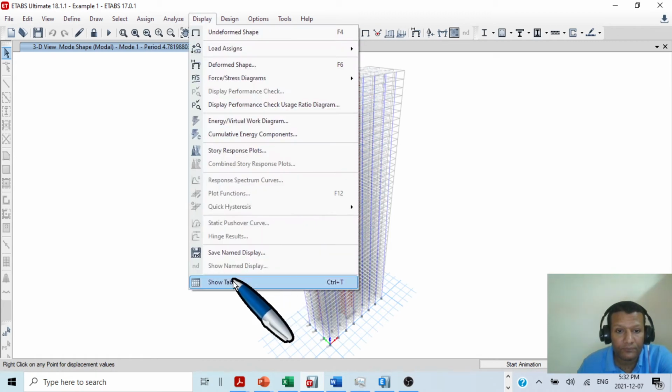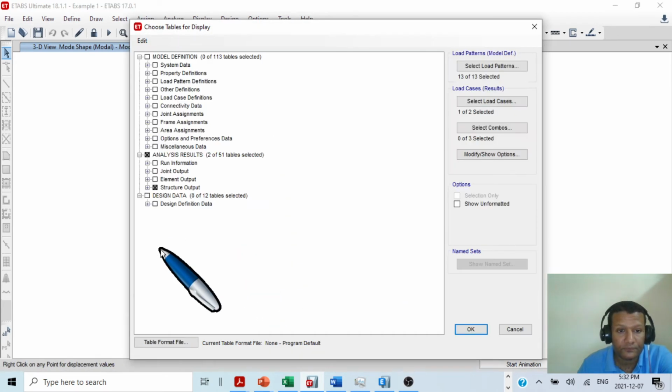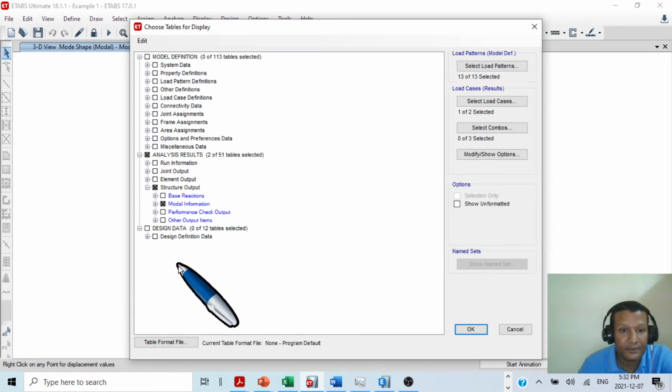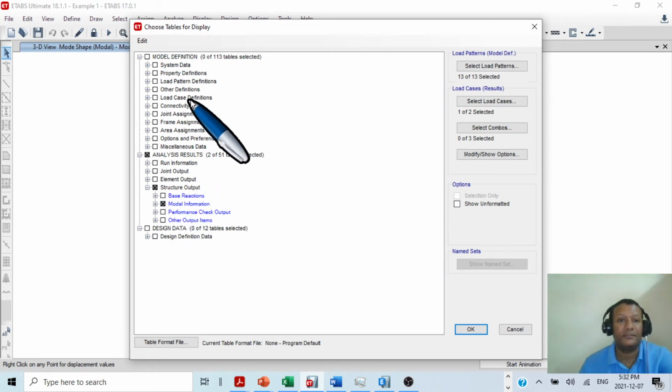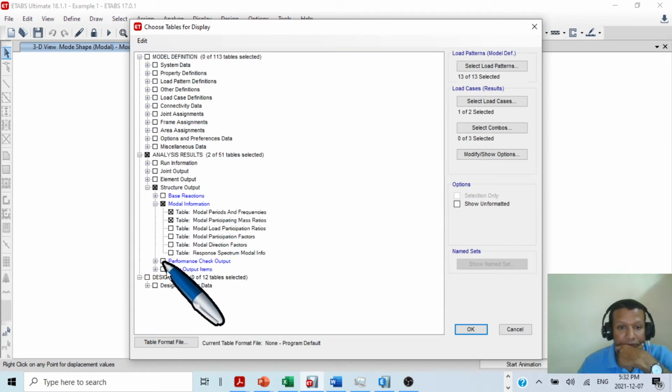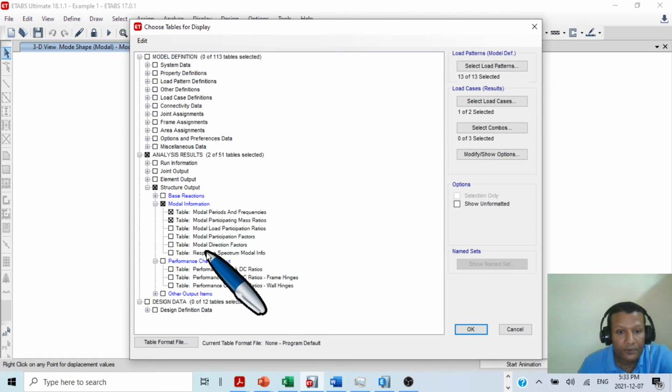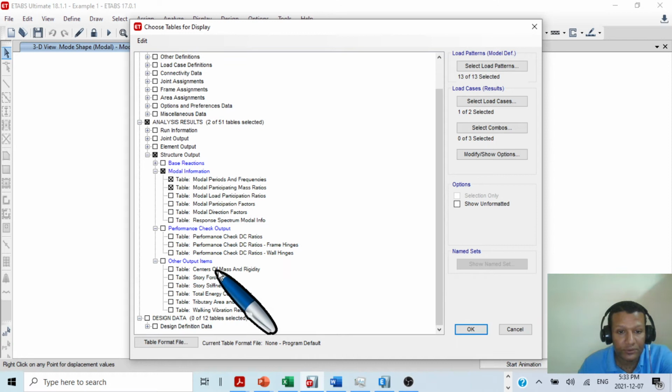Just to show you, show tables, structural output, element joints, modal participation factors, outputs, this one, center of mass and rigidity.